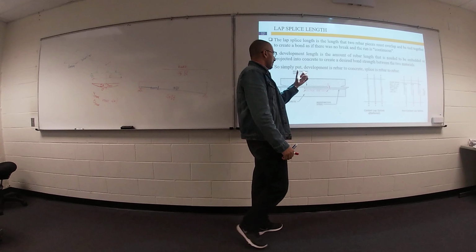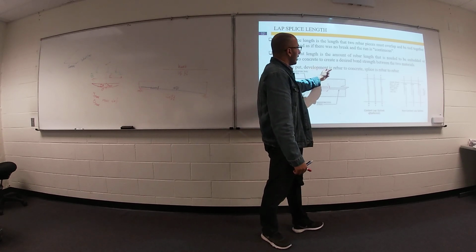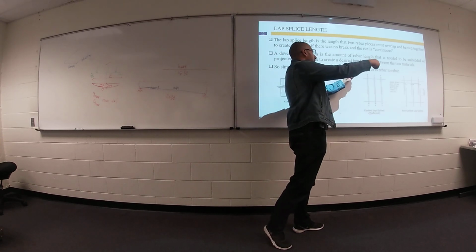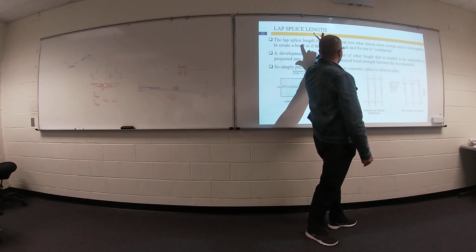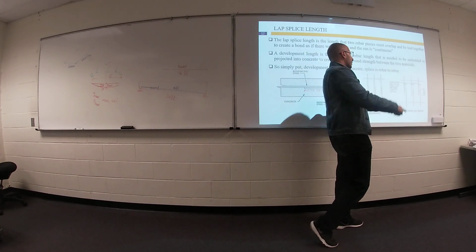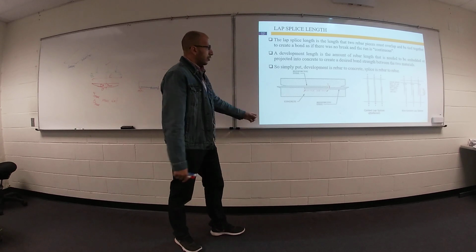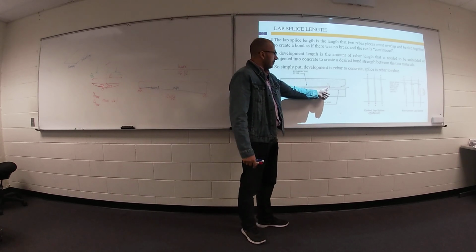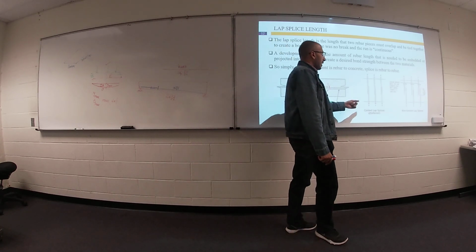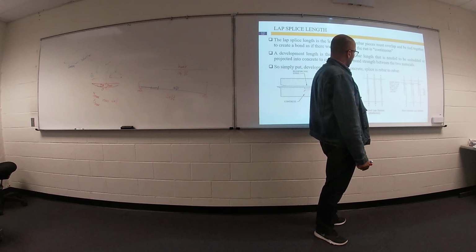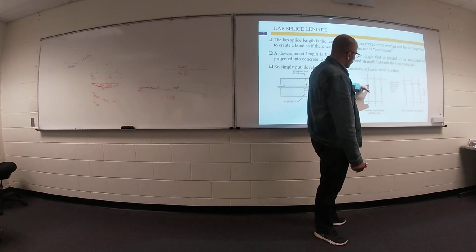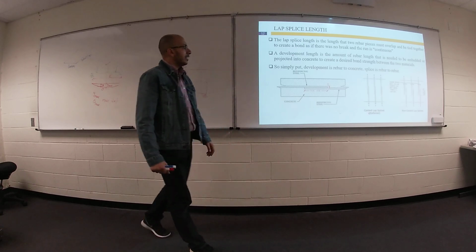So for a simple definition, development length is rebar embedded in concrete, but splice length is rebar by another rebar. Sometimes you splice in a beam like this, sometimes you splice in a column. We have vertical bars, so we need to do splice like this.